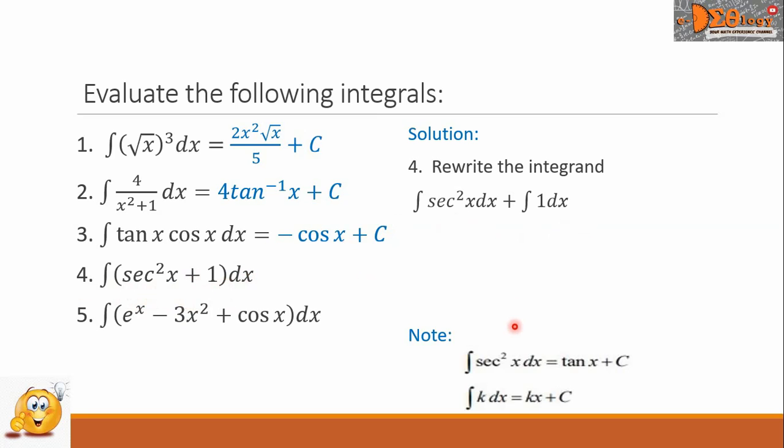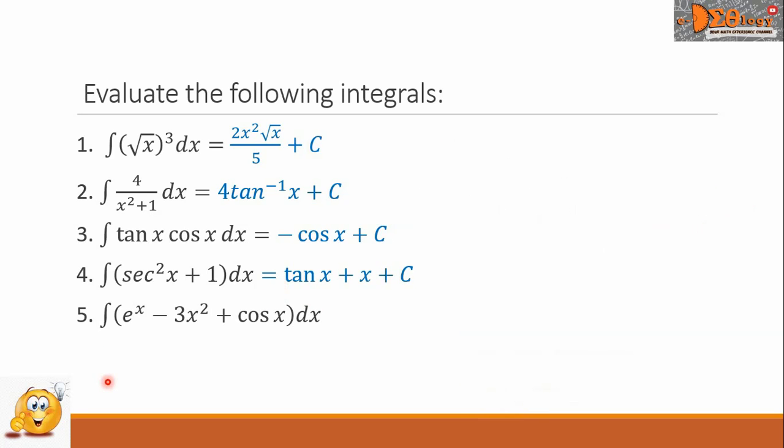The integral of secant square x dx, also the integral of the constant k dx. So we have now the tangent x for this integral plus the integral of 1 dx is 1x, or simply x. And then we will add the plus c. This is now the final answer for problem number 4. We will copy this answer opposite problem number 4.